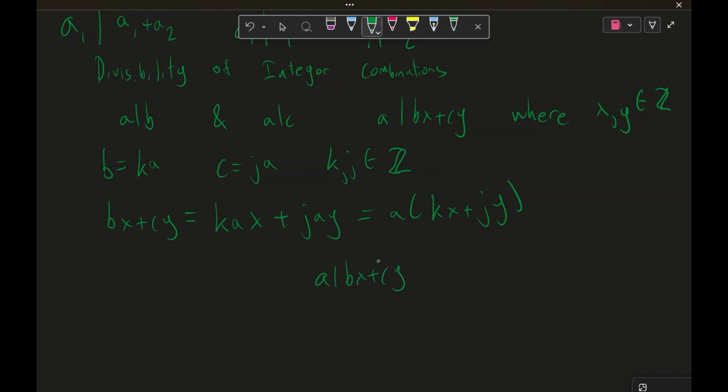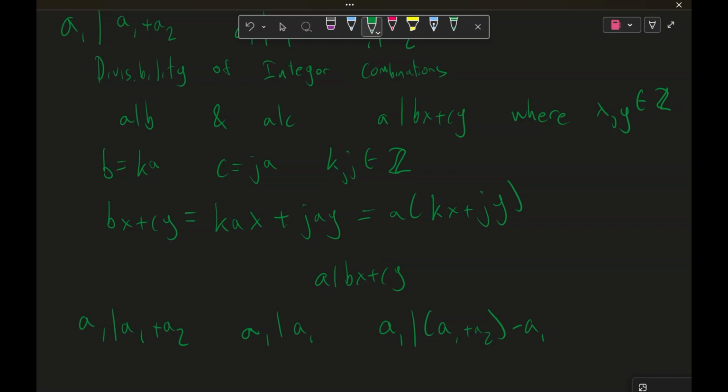In our case, where we have A1 divides A1 plus A2, and A1 divides A1, we're basically just using this property, because our B in this case would be A1 plus A2. So we're doing A1 divides A1 plus A2 minus A1.